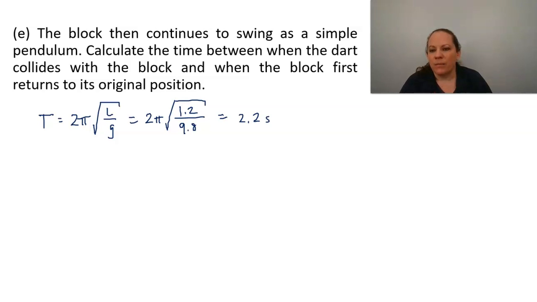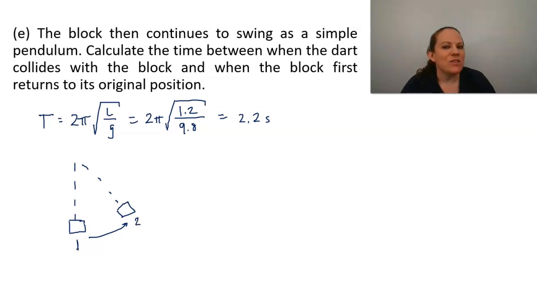But remember, if we're thinking about when the block starts from the bottom, although I guess I should draw that as a block. So if we're thinking about, here is position 1 where we started, and then we're going to swing up to position 2.